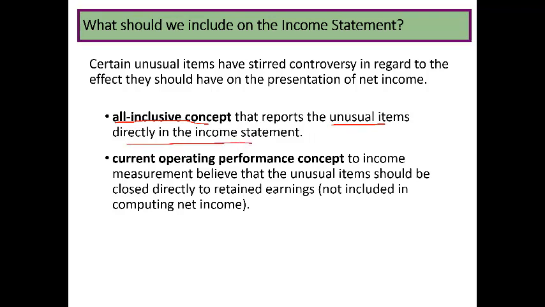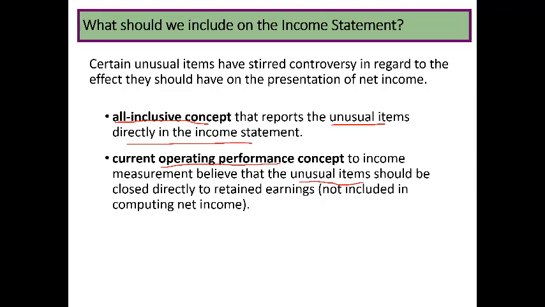There's a different group of people who think that the income statement should represent current operating performance. It should be a measure of performance. So if you believe that net income should represent performance, then you want to eliminate some of these really unusual items that don't really represent performance.